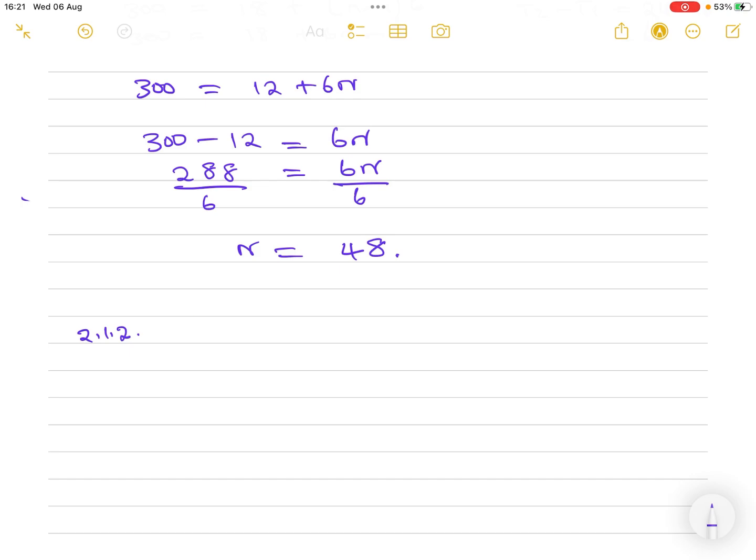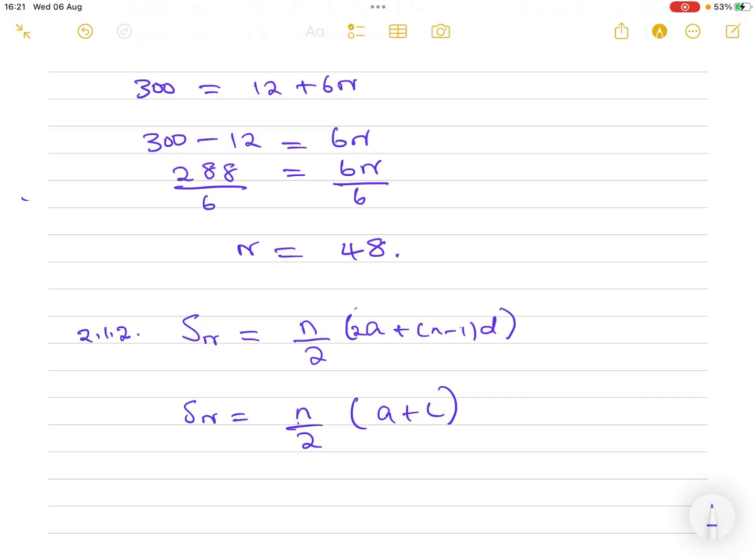So on your formula sheet, you have the sum of the arithmetic series, which is equal to n over 2 times 2a plus n minus 1 times d. This is one formula, and another one is n over 2 times a plus the last term.